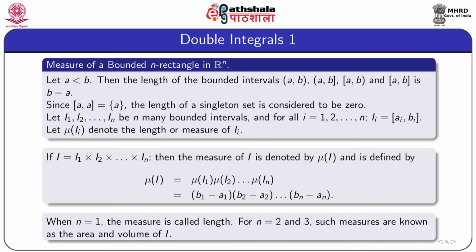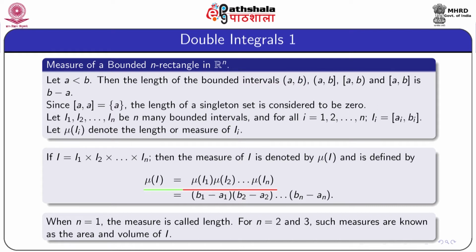Let I_1, I_2 up to I_n be n many bounded intervals and for all i from 1 to n, let this be the closed interval [a_i, b_i]. Let mu(I_i) denote the length or measure of I_i. If I is the Cartesian product of I_1, I_2 up to I_n in the natural order, then the measure of I is denoted by mu(I).